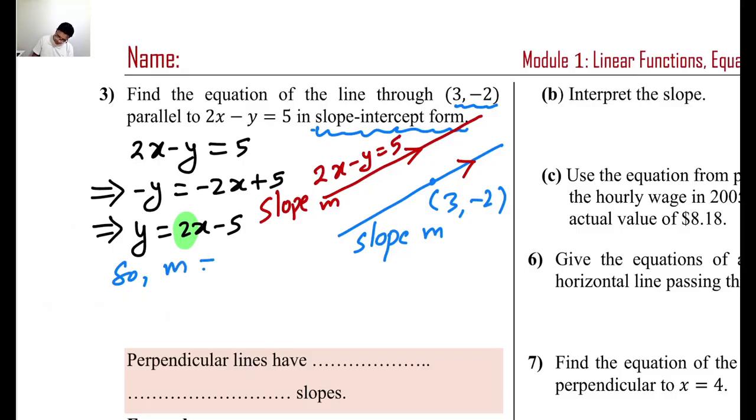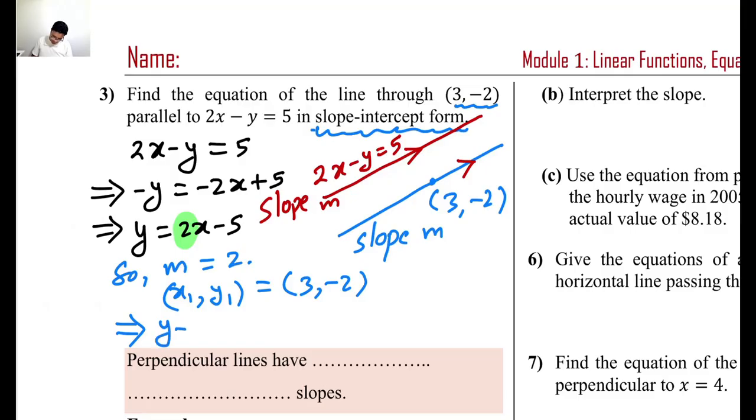So m equals 2, and your point x1, y1 is 3, -2. Okay, and that gives you the equation y minus y1, which is -2, equals m, slope is 2, times x minus 3. Okay, that's your answer. But one step, if you want to simplify, y plus 2 equals 2x.